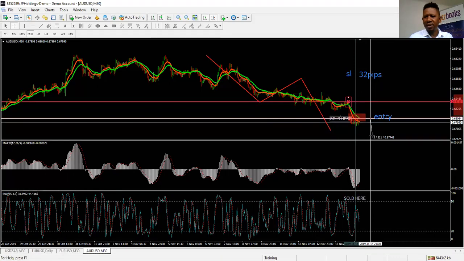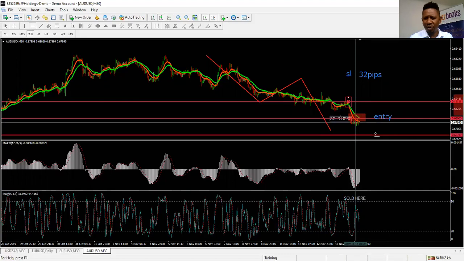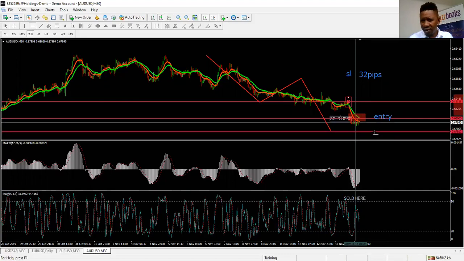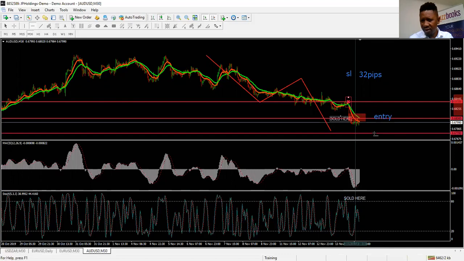32 is somewhere on 0.67743. The number on the extreme right is the price. The number in the middle is the pipettes. So we're going to be stopping at 0.67743. Take this line up below 67743, somewhere there, just estimating.